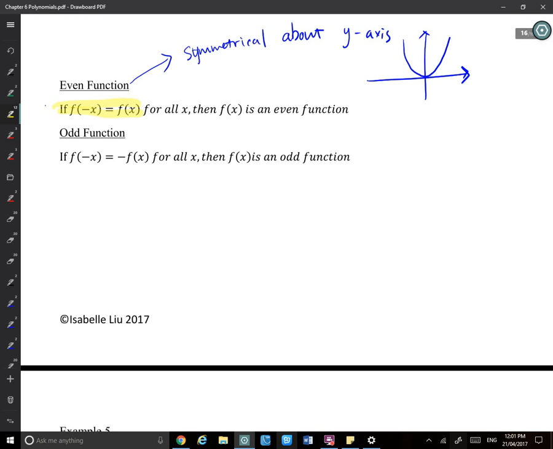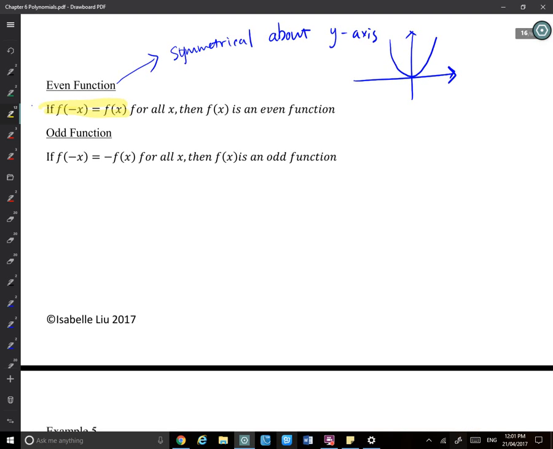Okay, so that's how you say it without the graph. If you have the graph, you can obviously see if the graph is symmetrical about the y-axis. If it's symmetrical about the y-axis, yes, it's an even function. But if you don't know the graph, you can test with this equation. Okay, I'll show you the example in a minute.